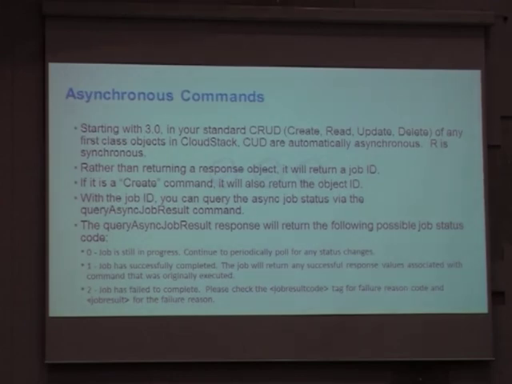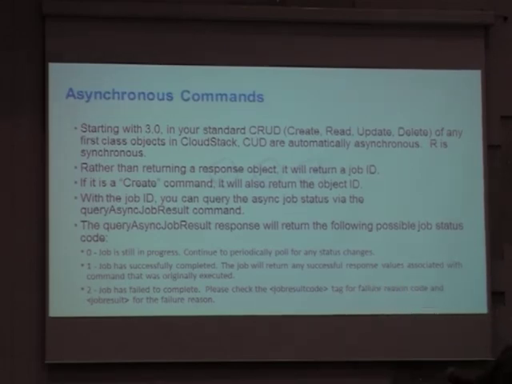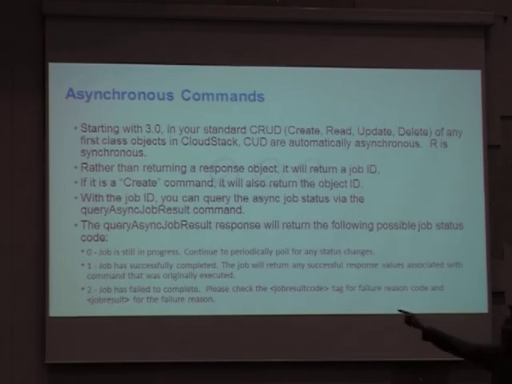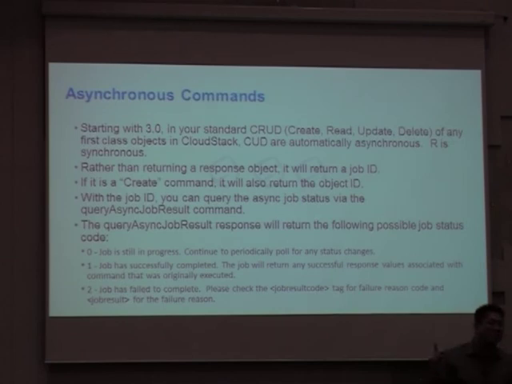So what can you do with the job ID? Now you have a different command, the queryAsyncJobResult command, that you can call periodically and poll for that job ID. There are 3 states that can come back. You get 0 as the job status: 0 means it's still going on.